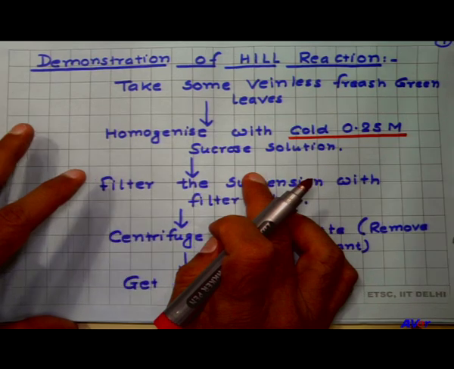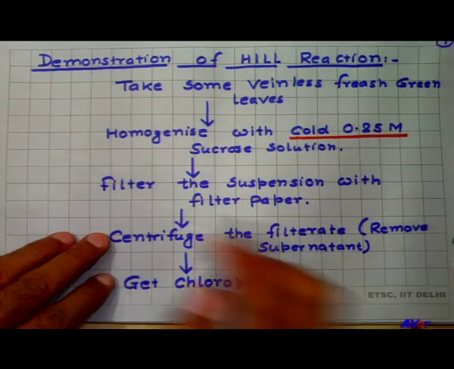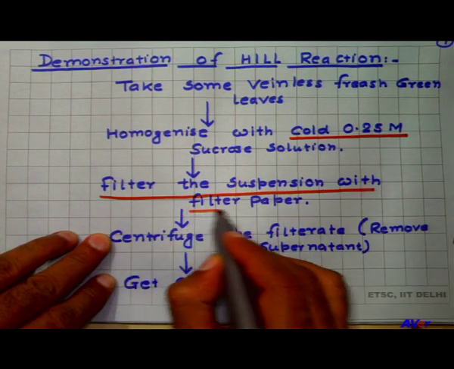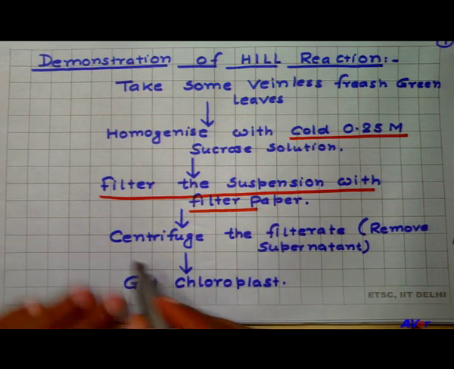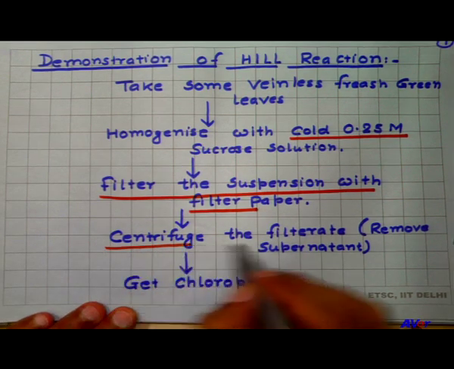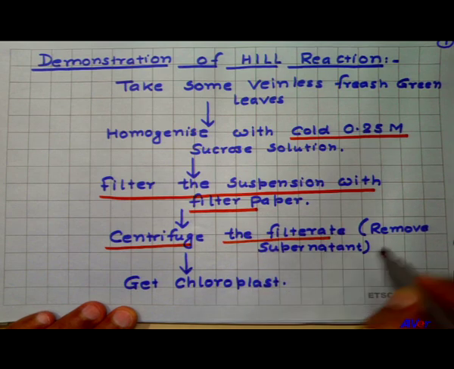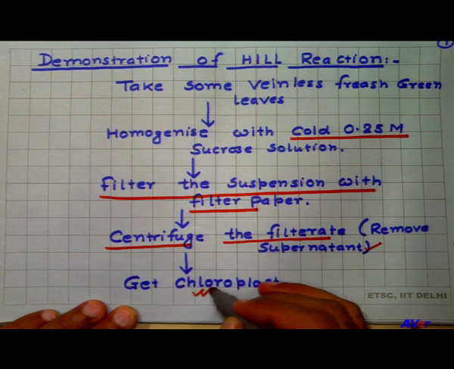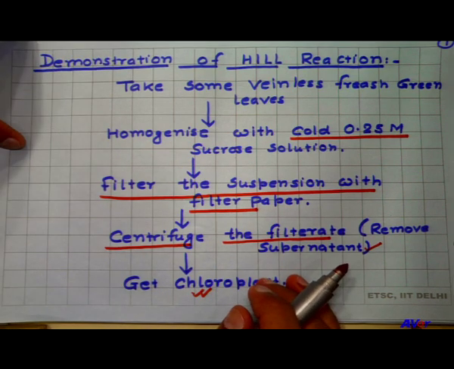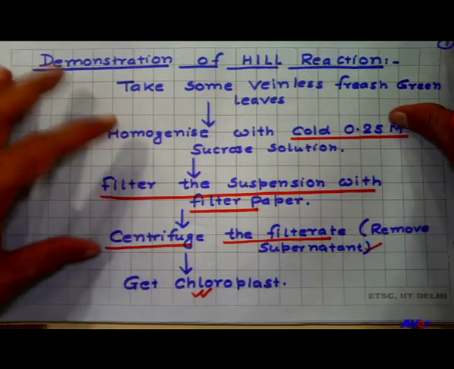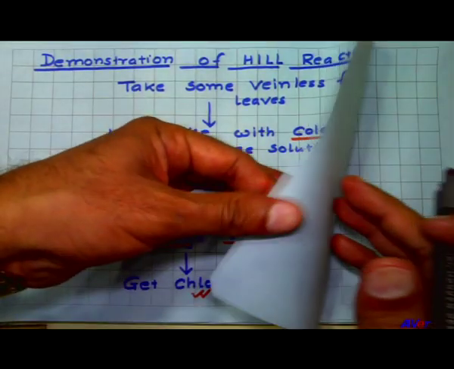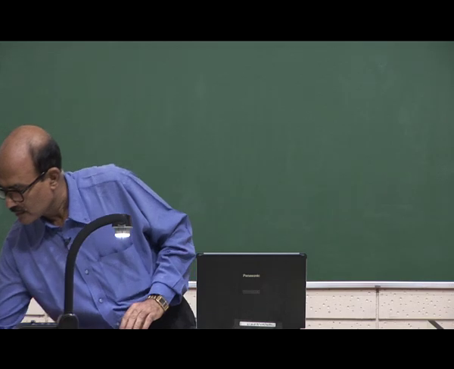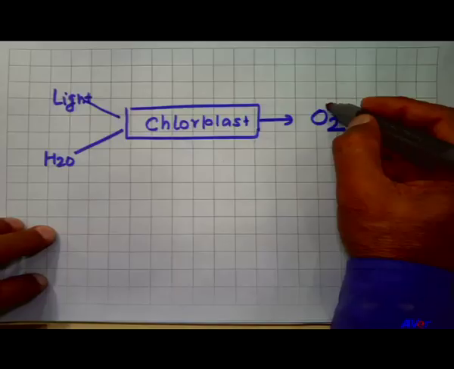After homogenization, filter this suspension with the help of filter paper, then centrifuge the filtrate and remove the supernatant. We can easily get the chloroplast, and after getting the chloroplast, we demonstrate that during the Hill reaction oxygen is released.